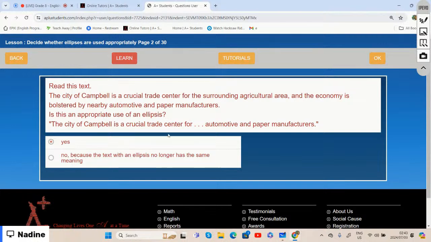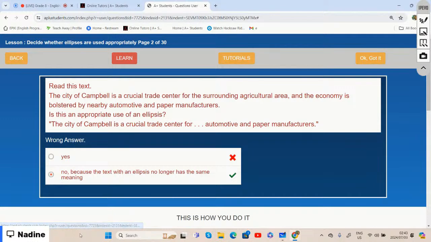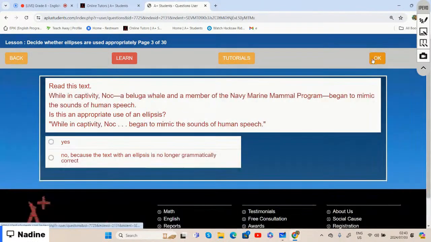So we can say, it's not correct because the ellipsis is not used correctly. Next, it says, while in captivity, Noc, a beluga whale and a member of the Navy Marine Mammal Program, began to mimic the sounds of human speech.